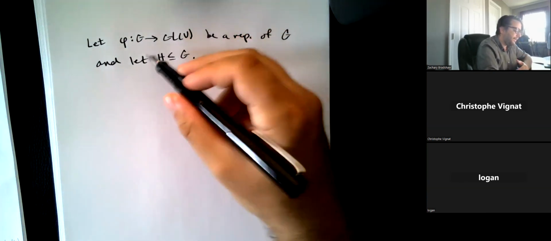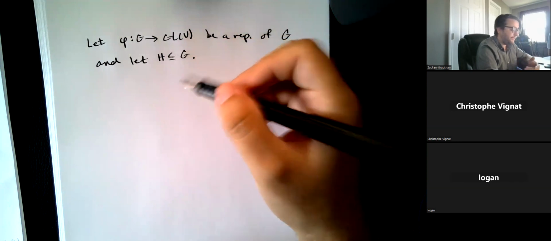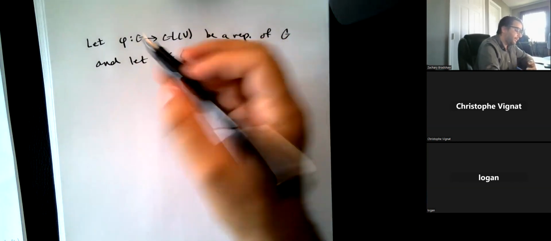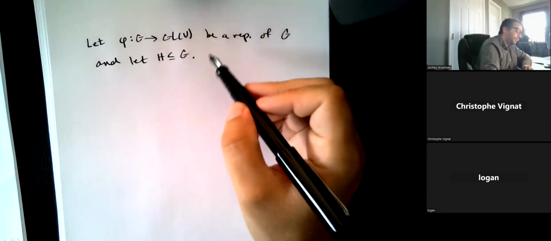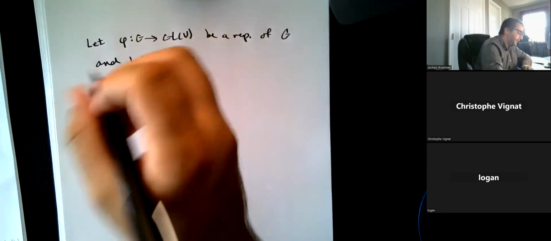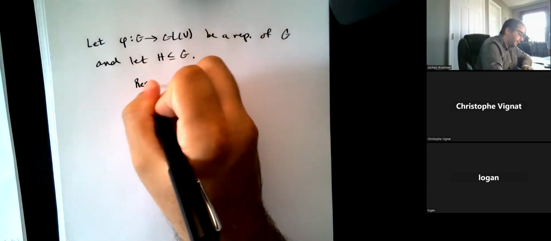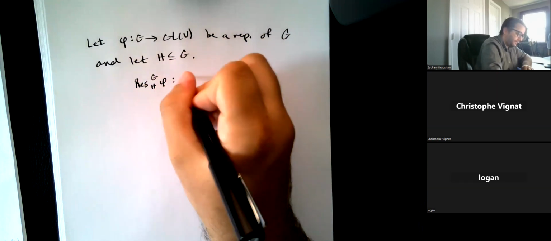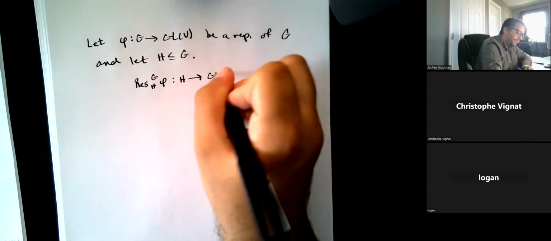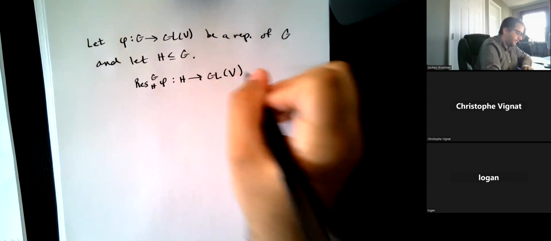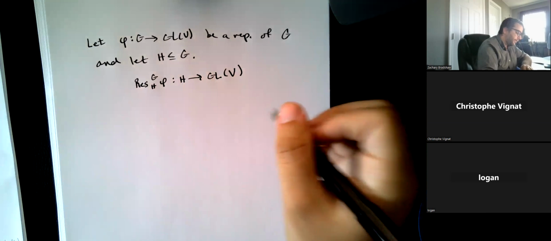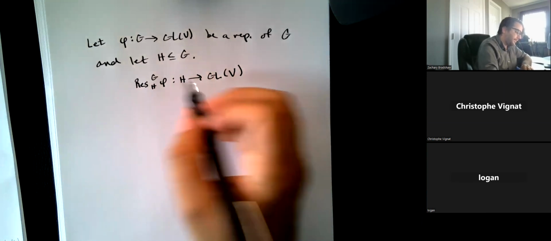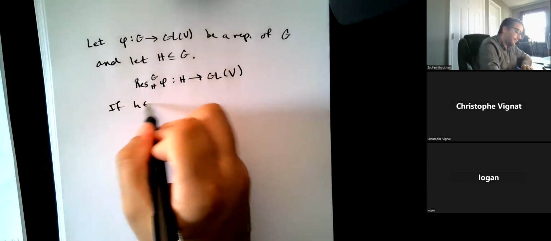This is the first time we're doing this. We can restrict the representation phi to the subgroup H to obtain another map from H to GL(V).